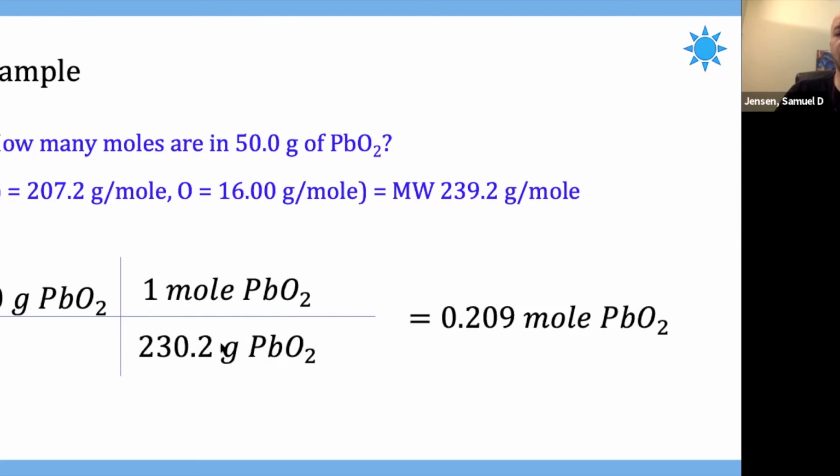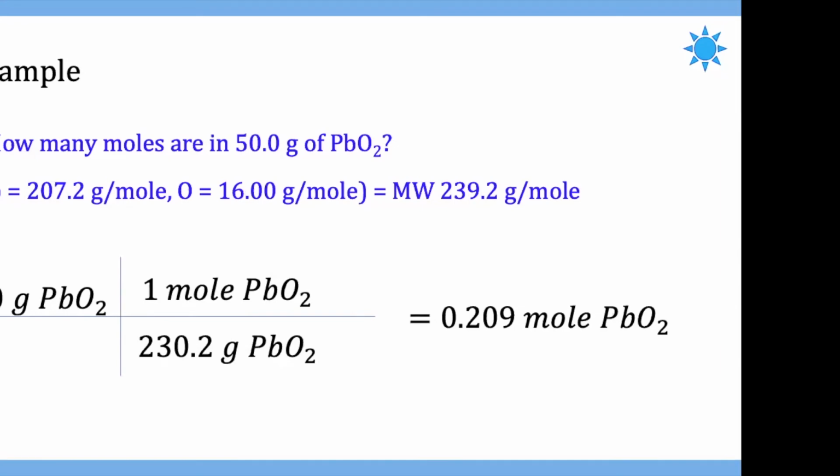The molecular weight is grams per mole, just like the density was grams per milliliter. We divided by our density before. Now we're dividing by the molecular weight. If I take my mass divided by my molecular weight, I get the number of moles of lead oxide.